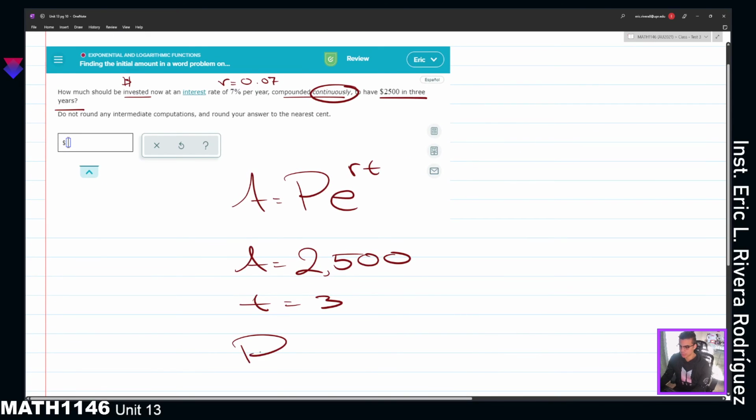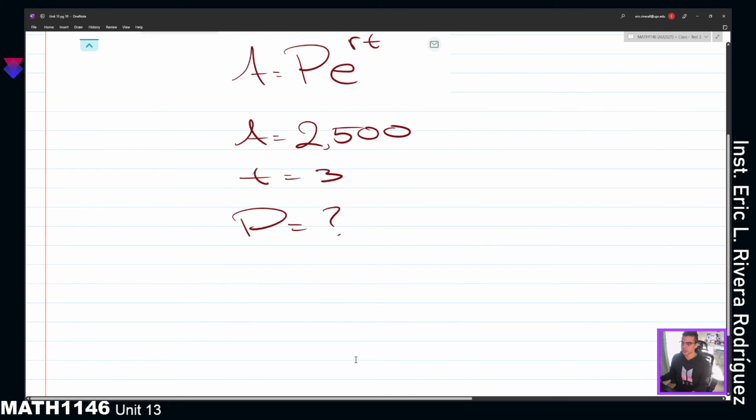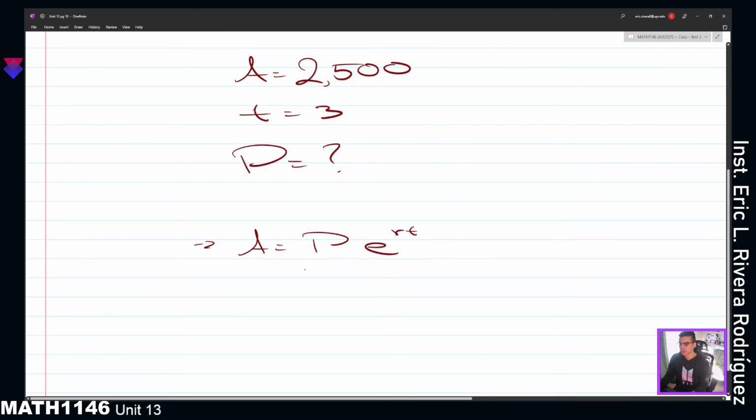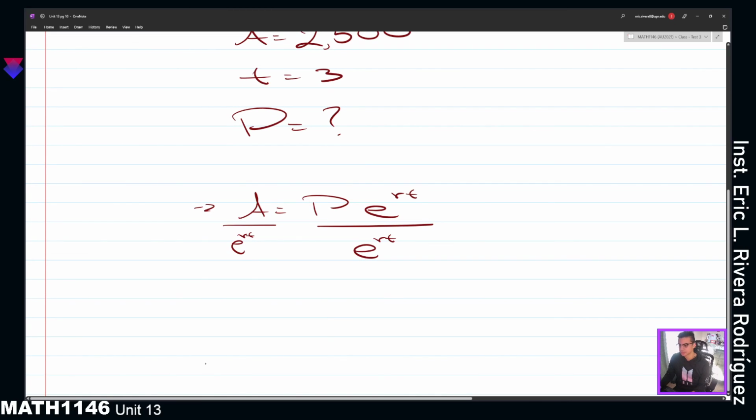So the unknown variable here is the principal. So I'm going to use this formula. I'm going to isolate first for P, and then I'm going to substitute everything. Okay, so this is the formula, step number 1. To isolate for P, the only thing I need to do is just divide both sides by e raised to the power of r times t.